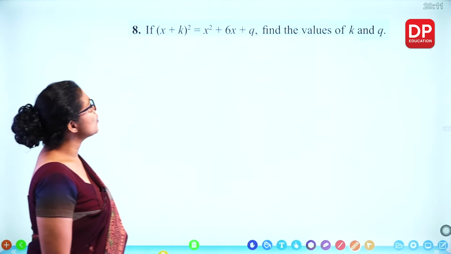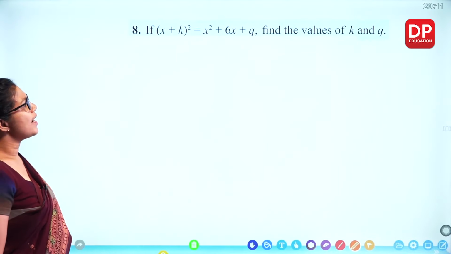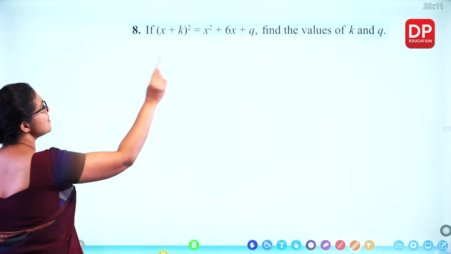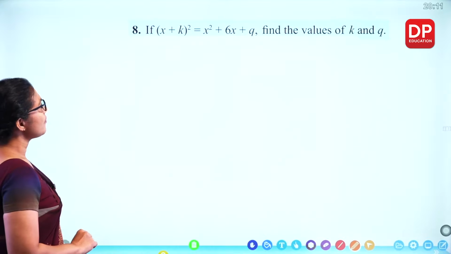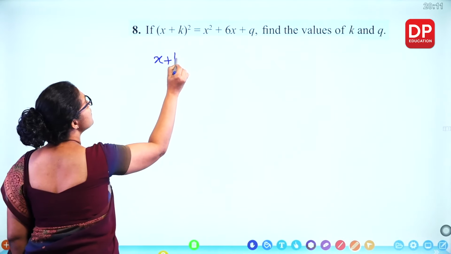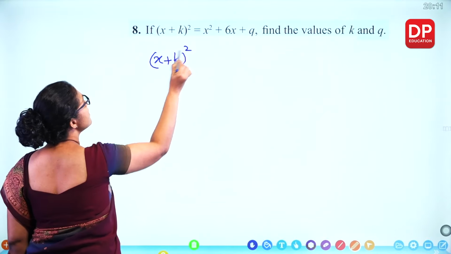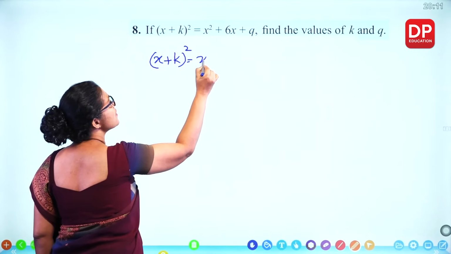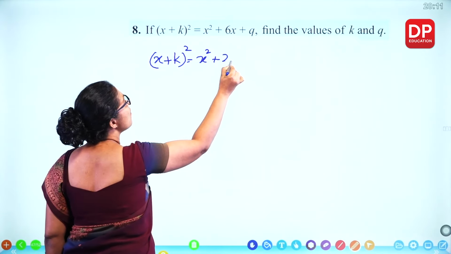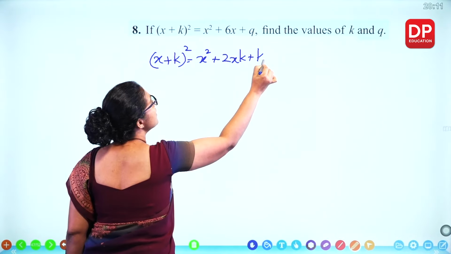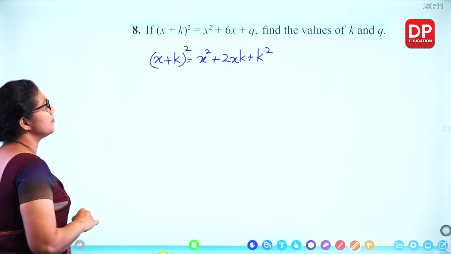Now we'll take the 8th question. You're asked to find the value of k and q. But here this expression is given. You have to take the left hand side. When you are squaring this one, what do you get? You get the square of the first term, double the product of the two terms, and the square of the last term.